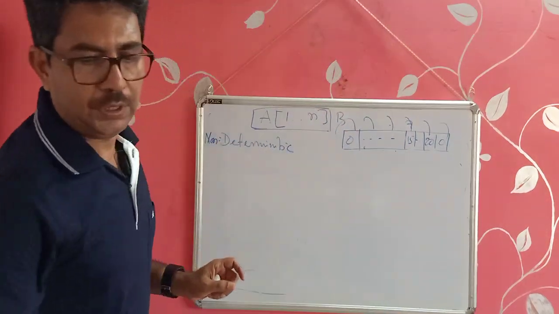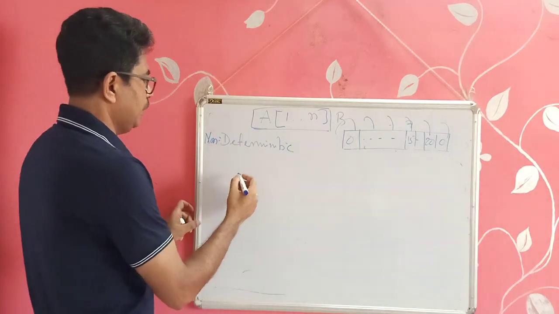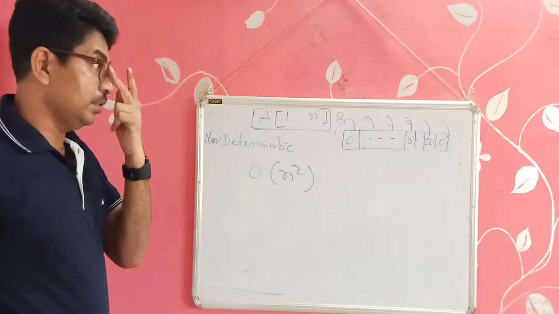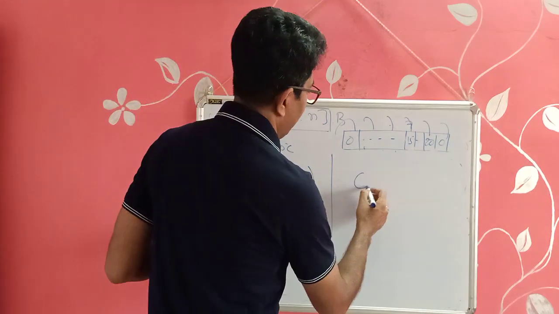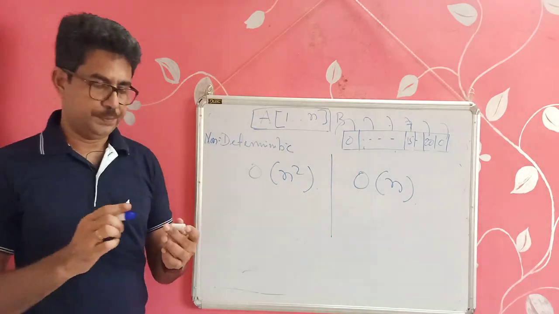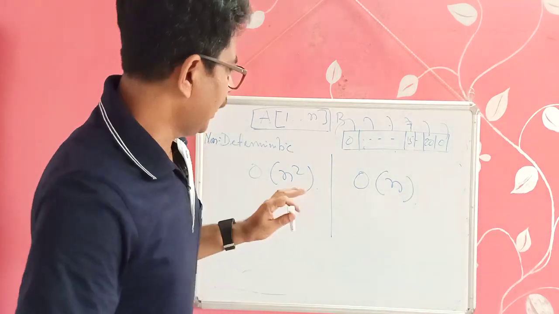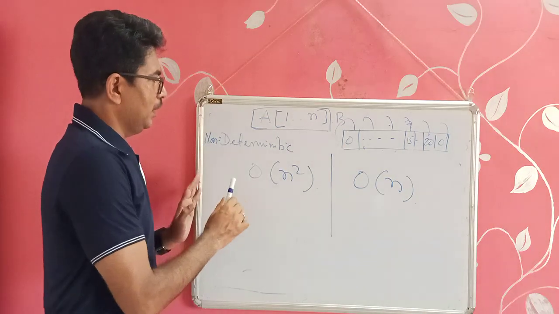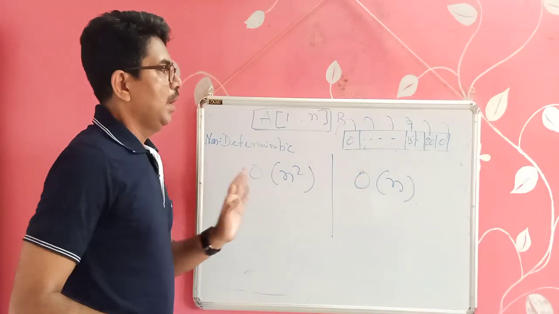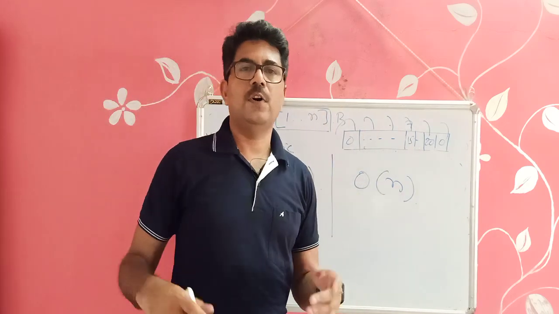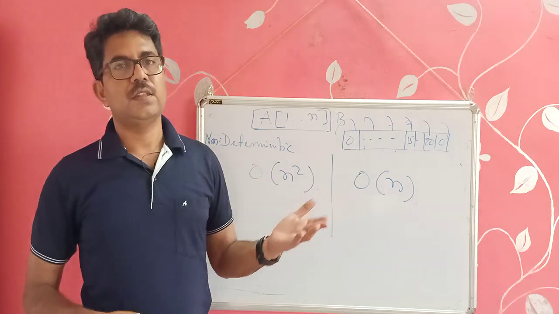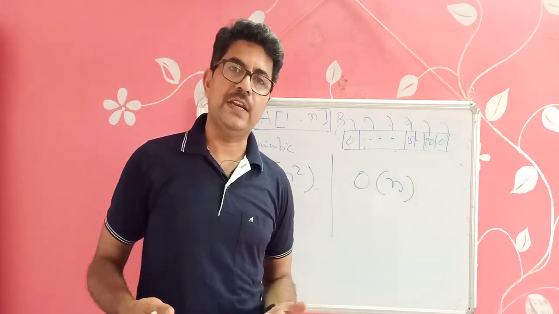In the deterministic approach, the time complexity to sort an array in the worst case is order of n square. But in the non-deterministic approach, the time complexity is order of n. So I think now it is a little bit clear what the difference between deterministic and non-deterministic is. In the non-deterministic approach, for a particular set of instance or input, we may get the correct output, we may also get the incorrect output.